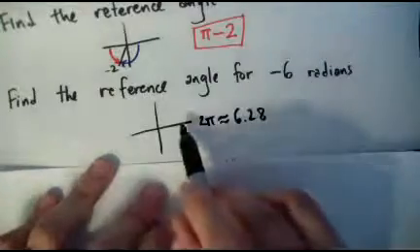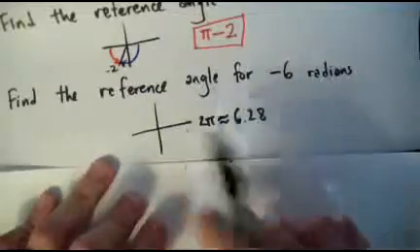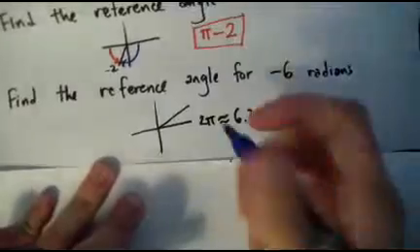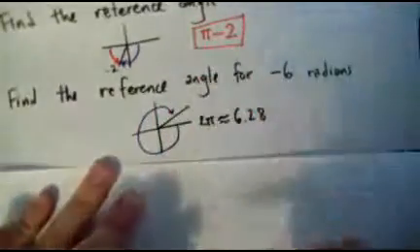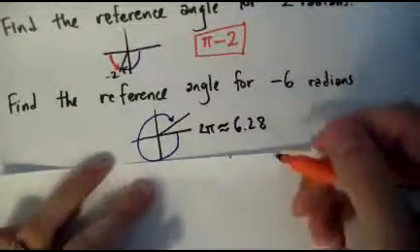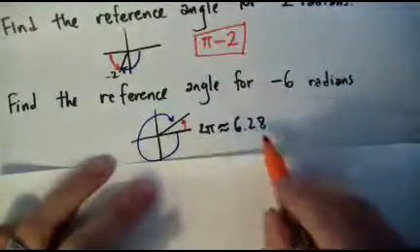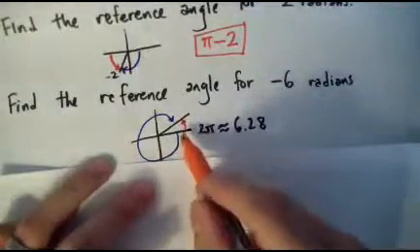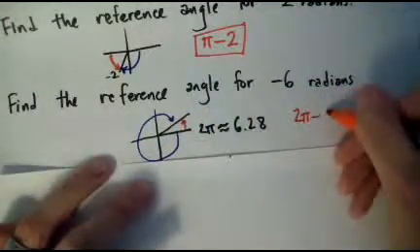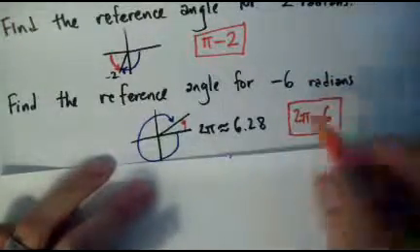So minus 6 means that we didn't quite go all the way around. We went a little bit short of all the way around the circle in the negative direction. So somewhere over here is minus 6. And so our reference angle is just that little bit of leftover. It's this little bit here, which is going to be 2 pi, the full rotation, minus the 6 that we went. So 2 pi minus 6, which would be roughly 0.28.